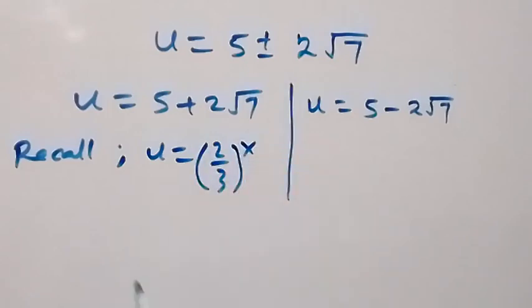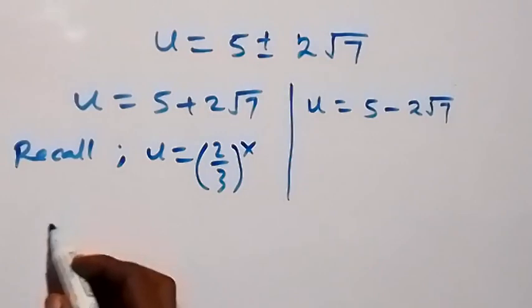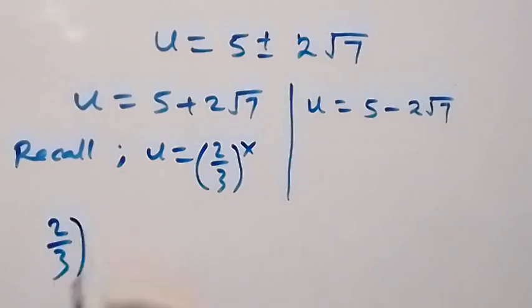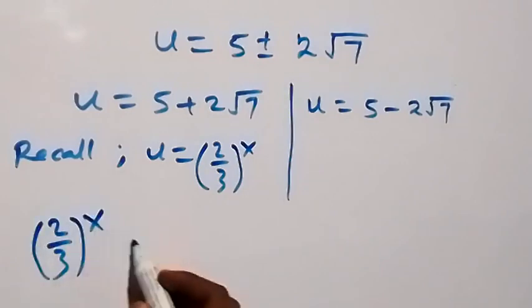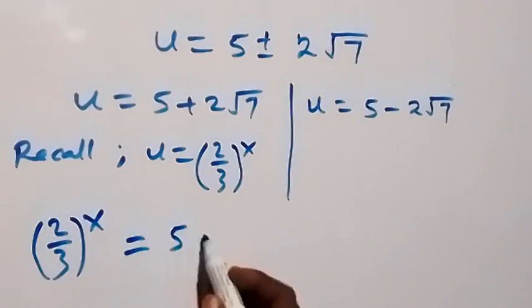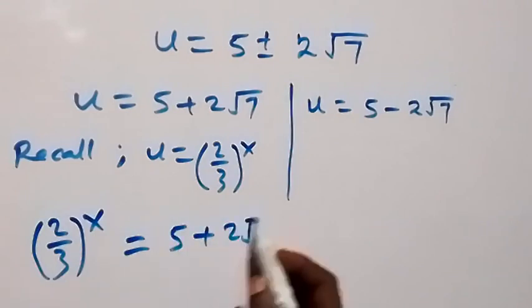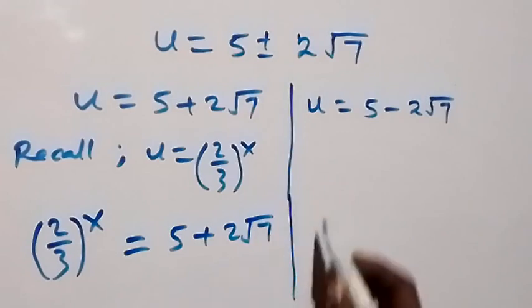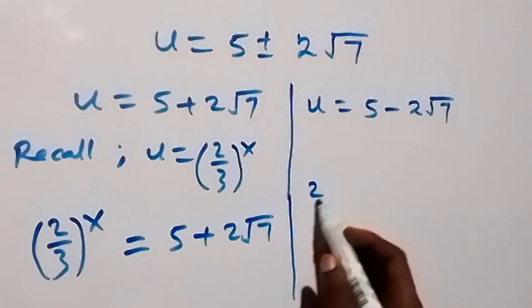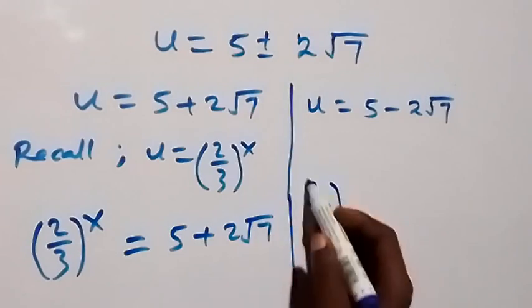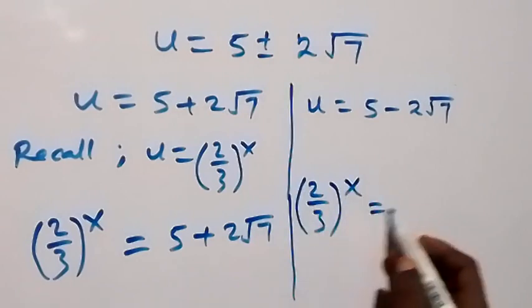Then when we substitute that here, that gives us 2 over 3 raised to power x on this side, now equals 5 plus 2 root 7. Then also from here we have u, which is 2 over 3 raised to power x, now equals 5 minus 2 root 7.